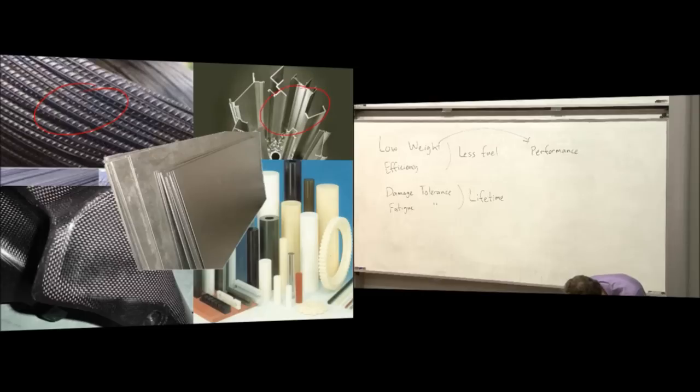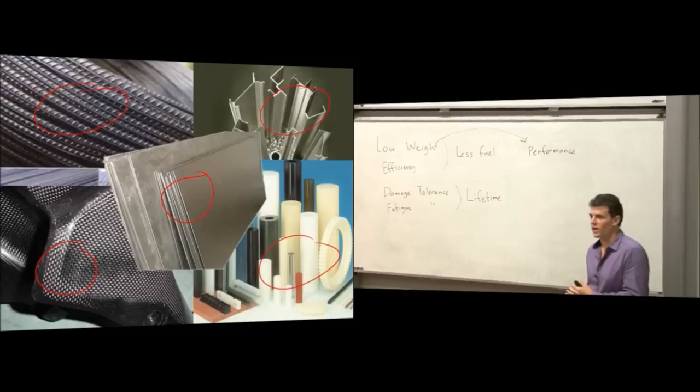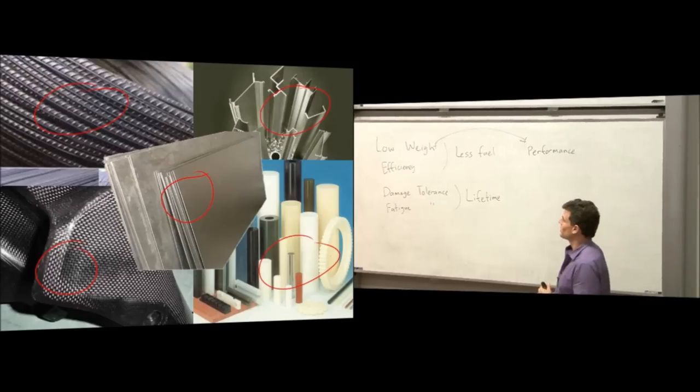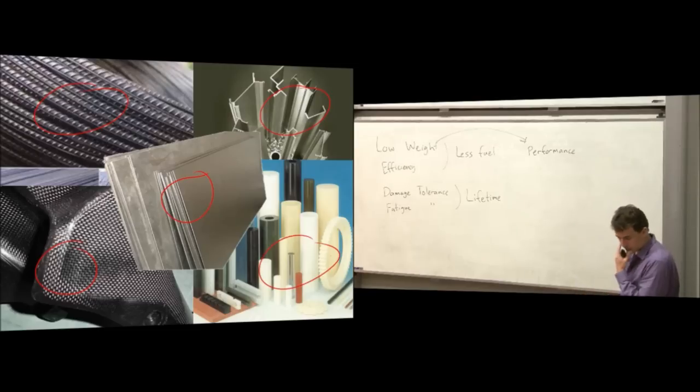Aluminium up in the top right, carbon fibre down the bottom left, polymers and plastics, and when you mix carbon fibre and a polymer you get a composite, which is what a lot of aircraft these days are made out of. And we have titanium in the middle, although it's very hard to find a useful picture of titanium. Most metals tend to look grey when you take a picture of them, so it's hard to find a defining picture of titanium.